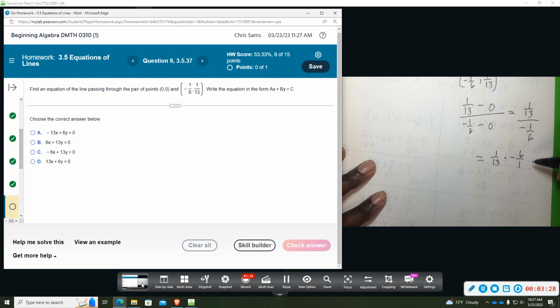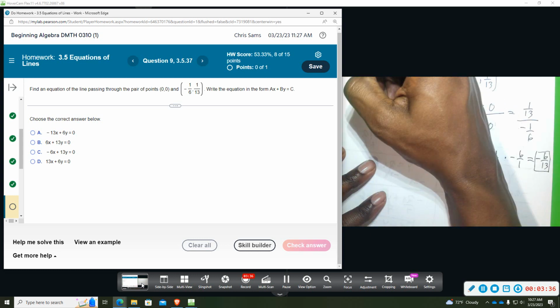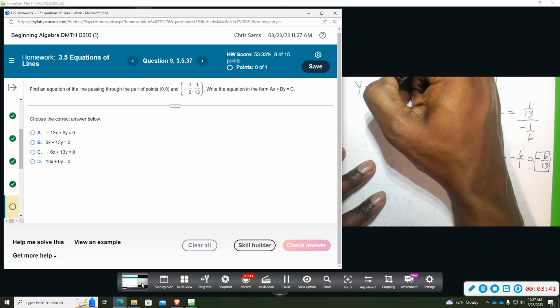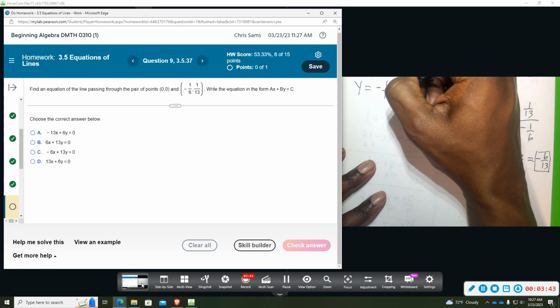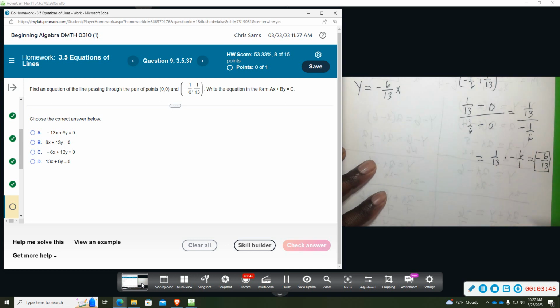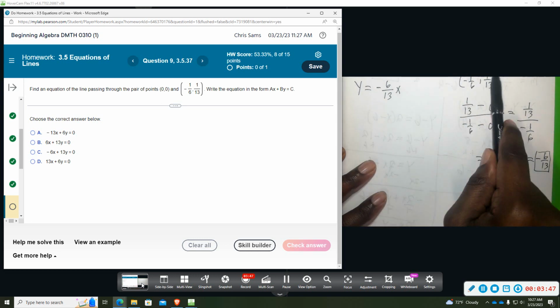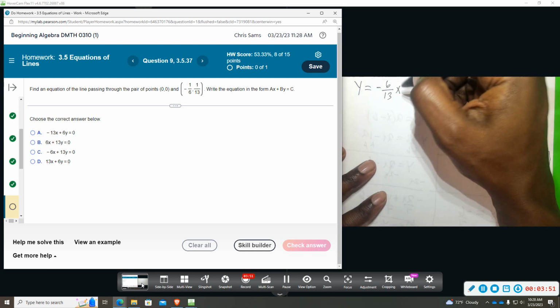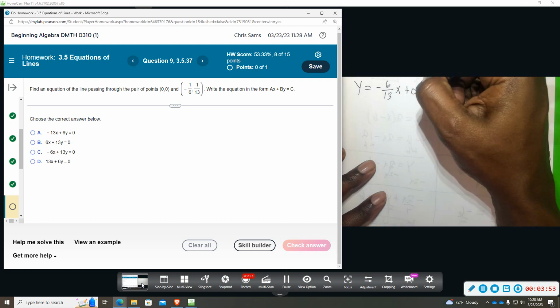We multiply straight across, so that gives us negative 6 over 13 as our slope. So y equals negative 6 over 13 x. And the special thing about this problem is that this is the y-intercept, so you don't actually have to do other work. You can just say plus 0.